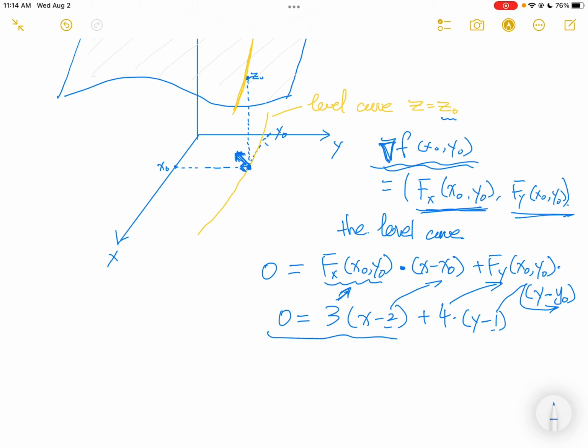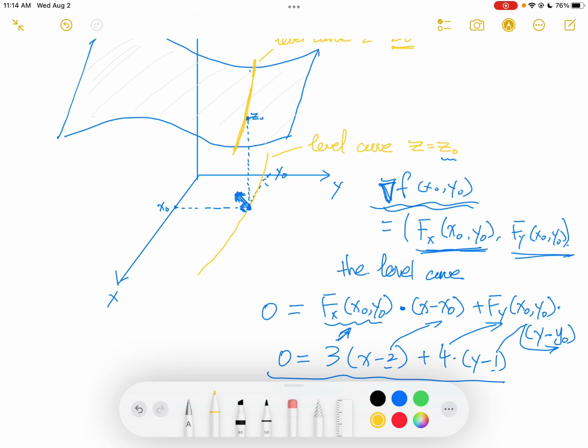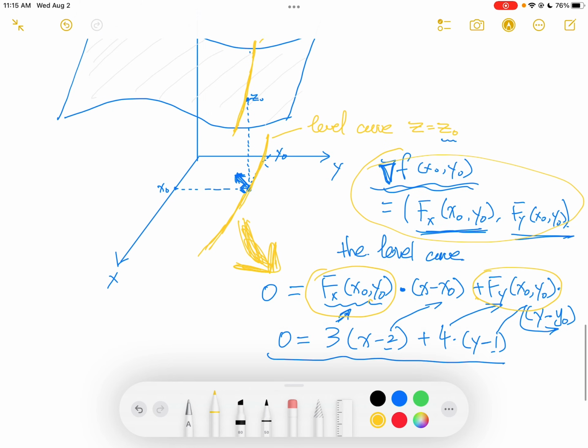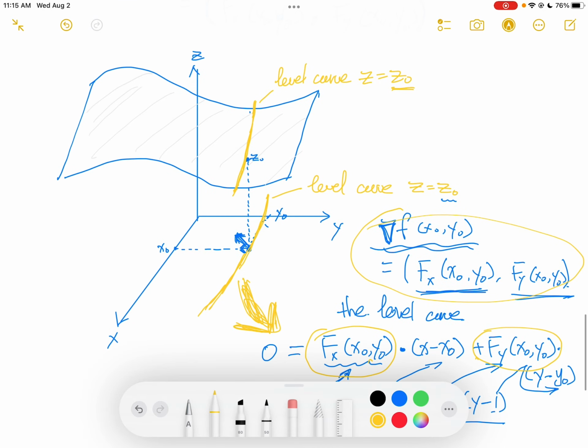So you can see that this is an equation of a line, right? So then this is the equation of the level line, the level curve rather. The equation of this level curve is given by this here. Whereas this and this are the x and y values of the gradient vector here. Okay, so that is the visual or geometric concept of the gradient vector.